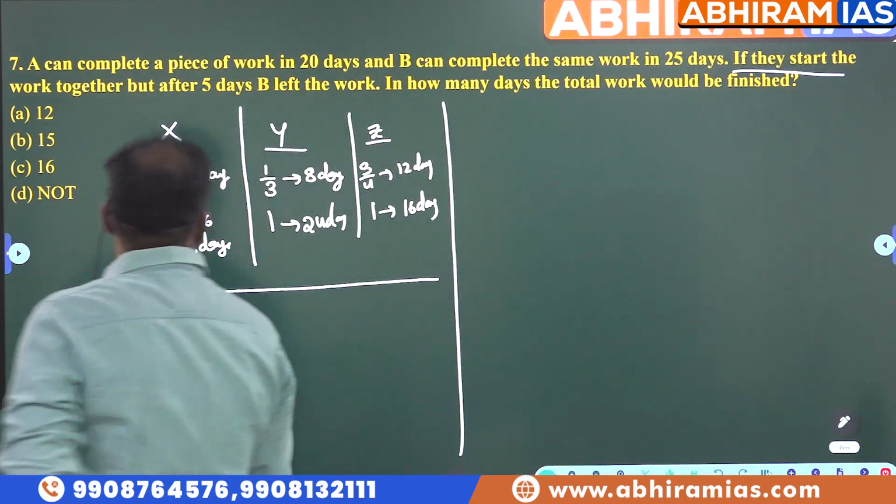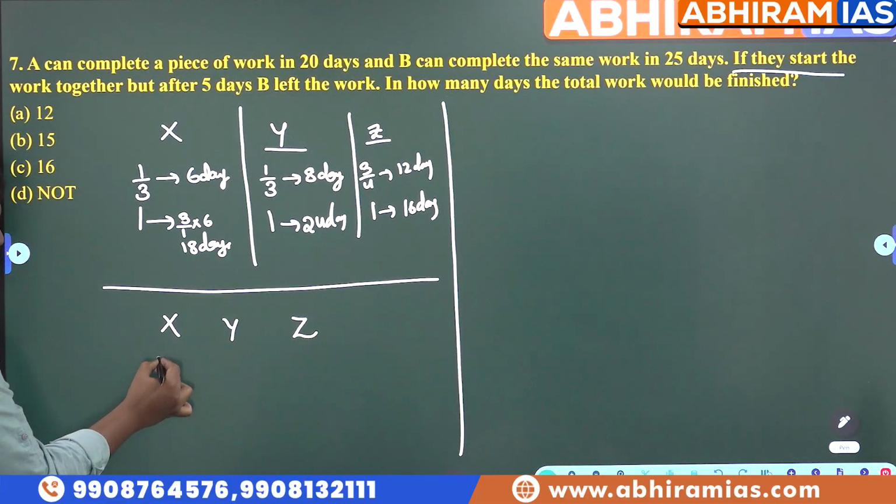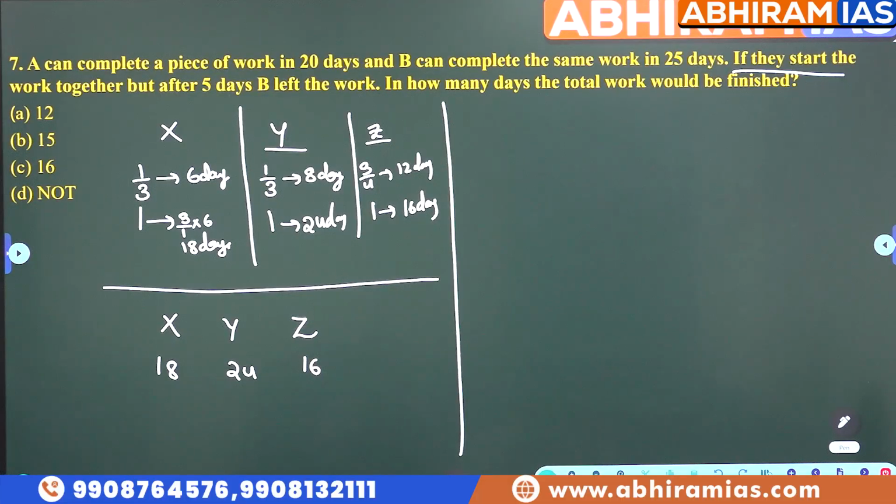Now you will try to find the total work and the efficiencies of X, Y and Z. Times taken by them are 18, 24 and 16. What is the LCM of these three?